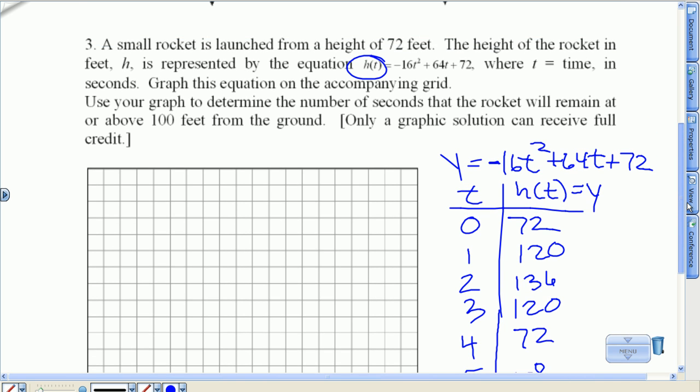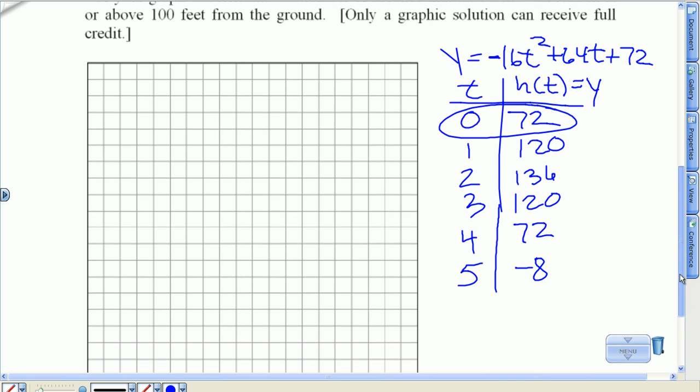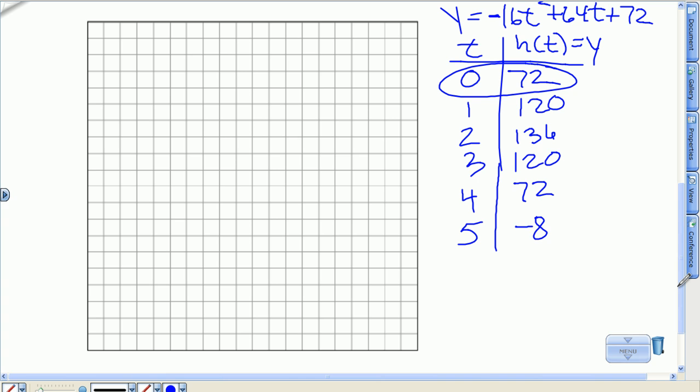Alright, once again, this is a small rocket being launched from 72 feet up in the sky. So this represents the starting point, that's the y-intercept, and then it flies through the air for a few seconds and hits the Earth. Alright, so now we're going to graph this thing. I'm going to put 0 right here, and I think I might be able to count by tens.